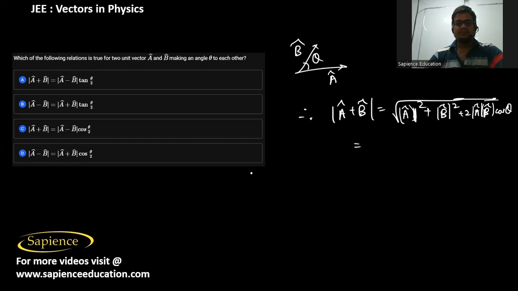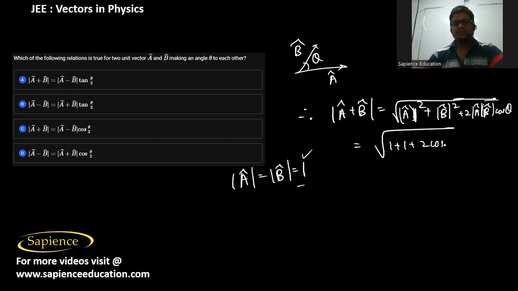The magnitude of A cap is the same as the magnitude of B cap, which is 1, since unit vectors always have magnitude 1. So this will be 1 plus 1 plus 2 cos theta, which is the square root of 2 times (1 plus cos theta).